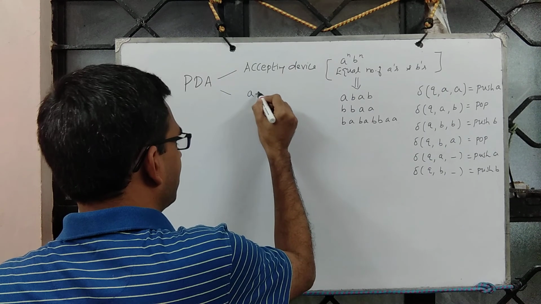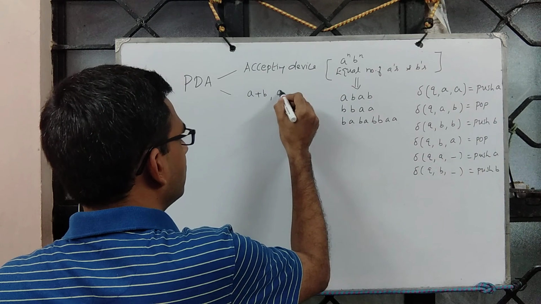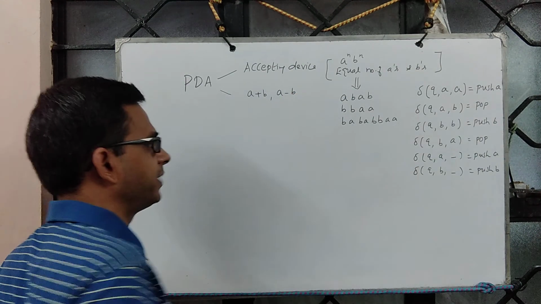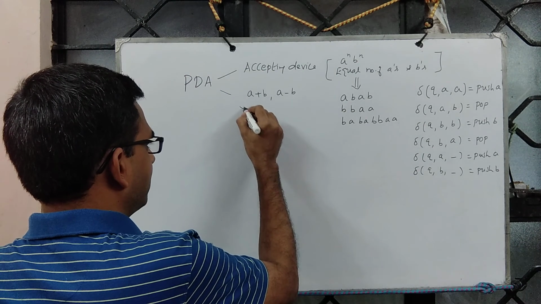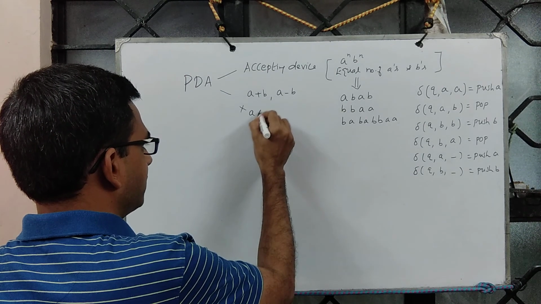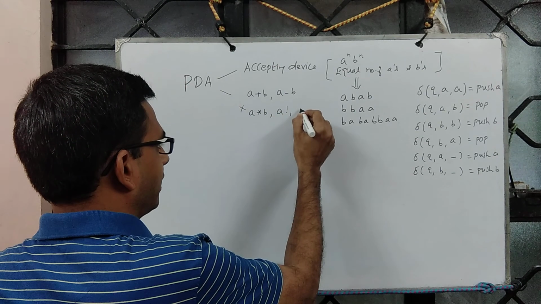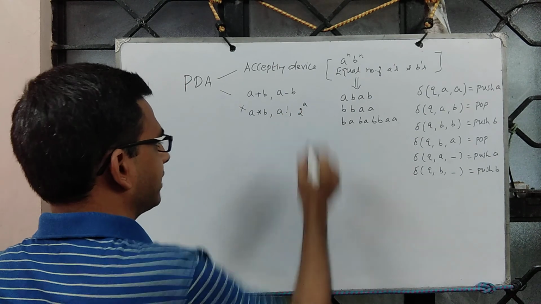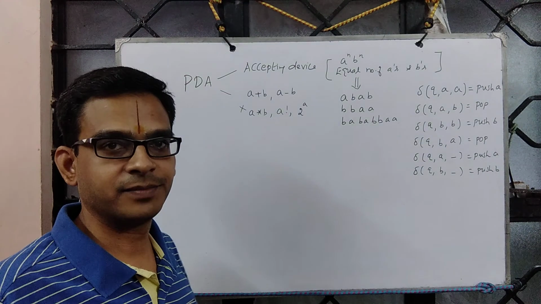For example, a plus b, because FA itself is doing, naturally PDA can do. We saw that a minus b can be performed using this. And while this is on one side, we also observed that a star b, a factorial, and 2 power a, things like that cannot be computed using pushdown automata.